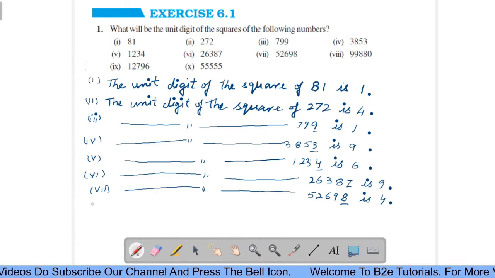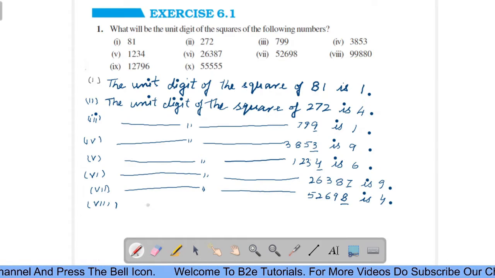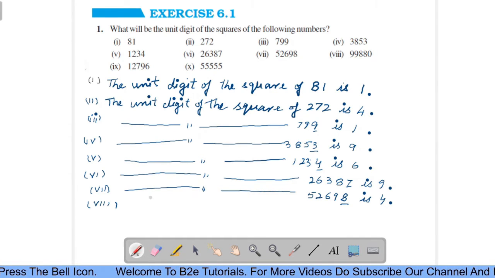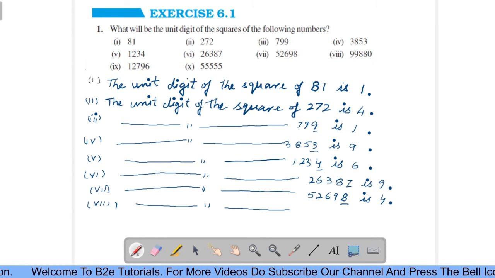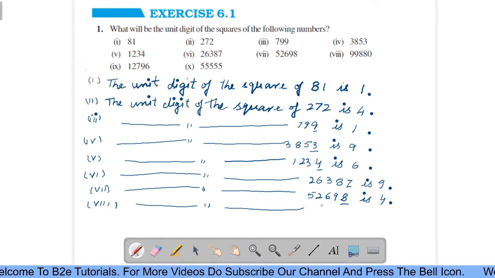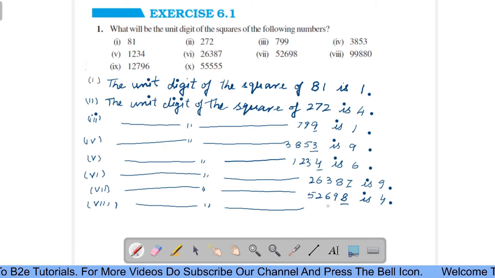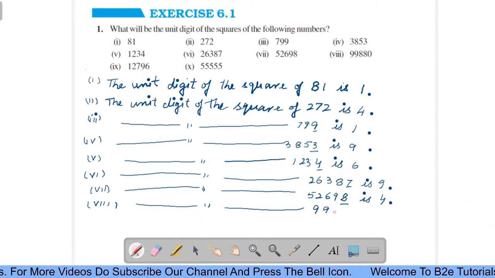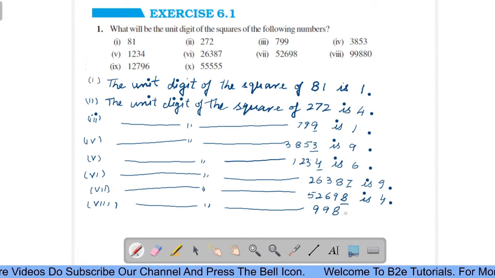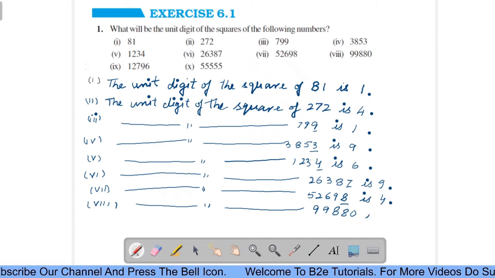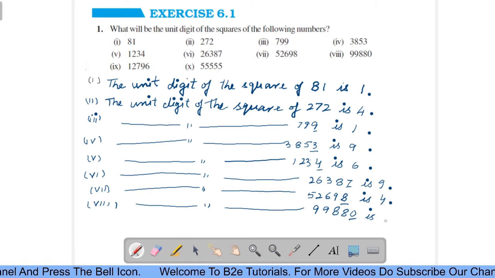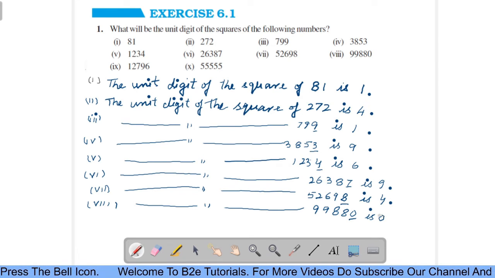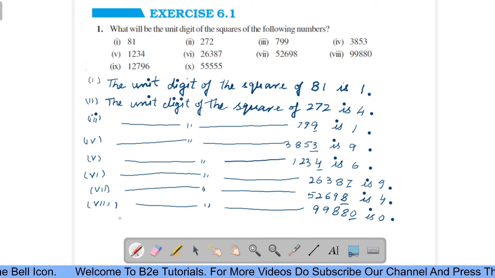Then come to eighth part, the unit digit of the square of 99,880 is: here the unit digit is 0 and the square of 0 is 0. Unit digit is 0.